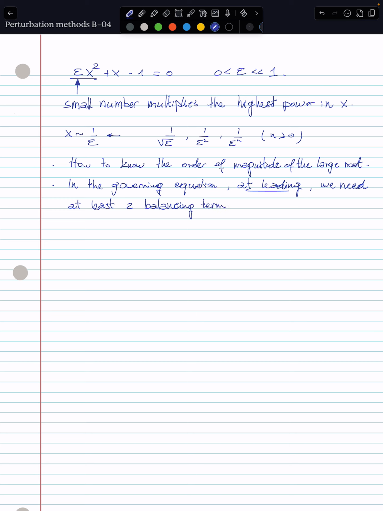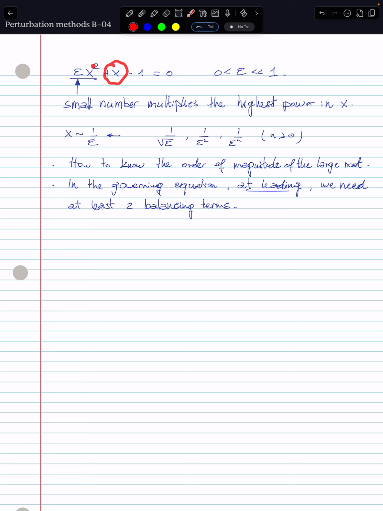Okay, demonstration. Because if it was not the case, very easy. Let's just imagine that at the leading order, only one term is much larger than the others. Let's imagine this is of order 1 over epsilon, and let's imagine this is of order 1, this is of order 1. So we have something large, and two terms are small.